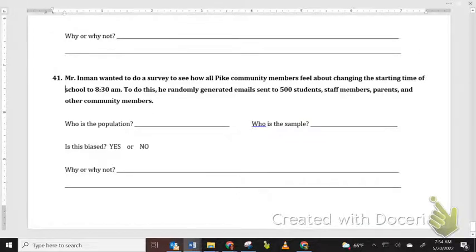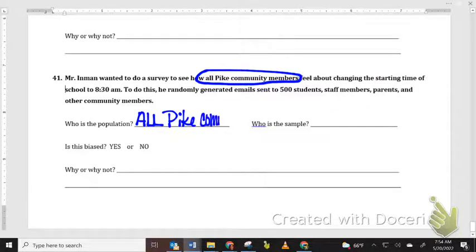What's the population that Mr. Inman is interested in? The Pike community. He's interested in all Pike community members. Who's the sample?